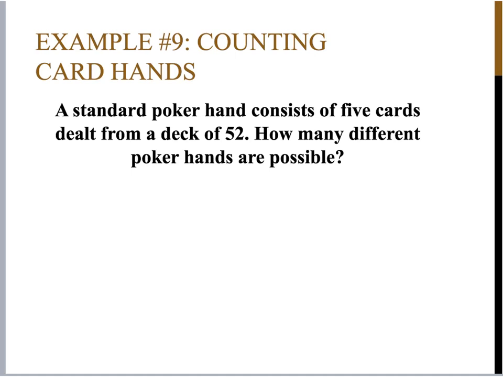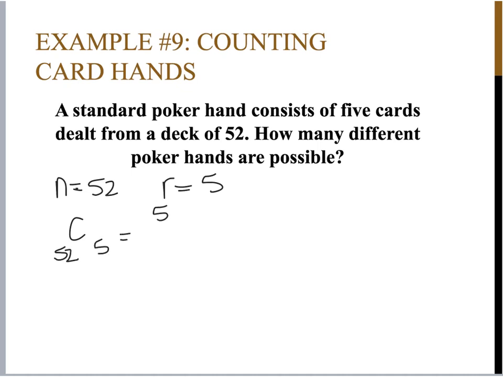So again, with this example, what we're going to do is say that the number of elements is 52. There are 52 cards in a deck. But for a poker hand, we have to take 5 cards at a time. So to follow that formula, it would be the combination of 52 cards choosing 5 at a time.